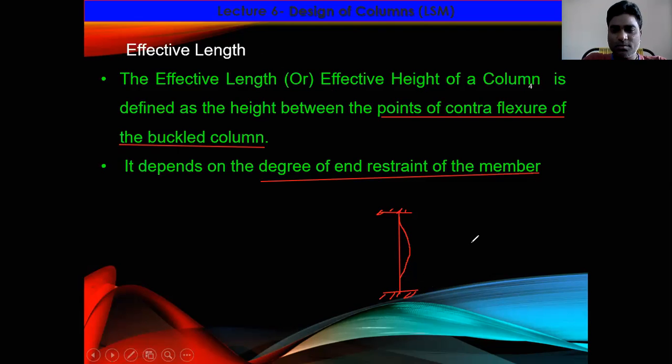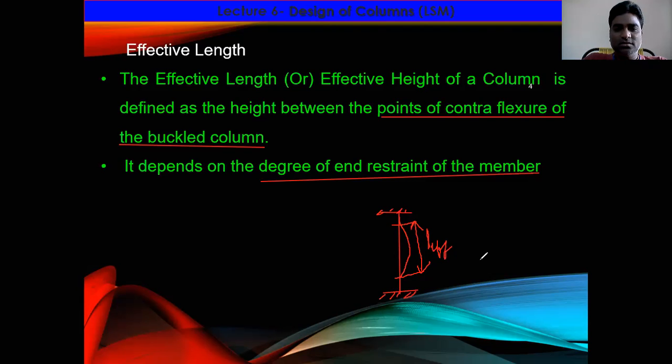Therefore, the point of contraflexure means where the moment is zero. So from here to here, this is called your effective length. This depends upon the end conditions. We will call it L effective.